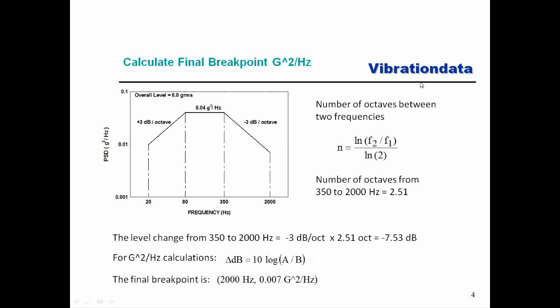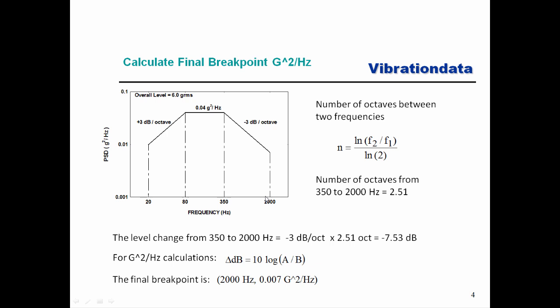Okay, so our next task at hand is, let's go back to our NavMat P9492 random vibration power spectral density. So you've seen this plot before. The task is to calculate this last breakpoint magnitude. So the next thing we need to do here is to calculate the number of octaves. From 350 Hertz to 2000 Hertz, how many octaves do we have?